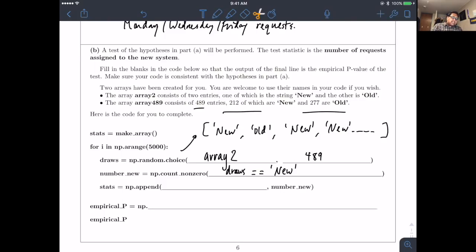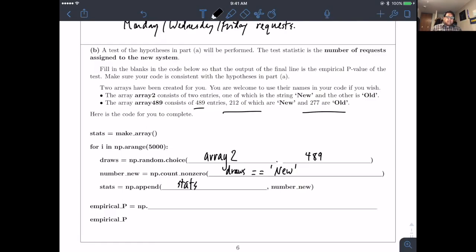And then now stats will be an array that holds all of the values that we've accumulated so far, right? So stats, np.append stats comma number new, what that does is it'll take our current stats value and add on the newest number new, right?